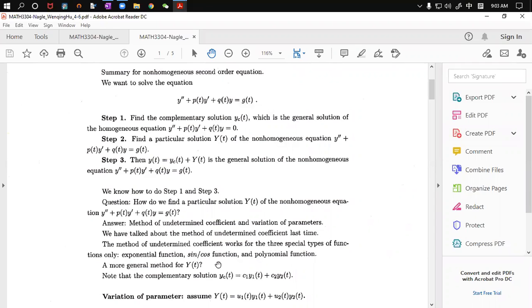If g(t) is a trigonometric function, then you should try a combination of sine and cosine. That's our principle: if you have an exponential, you try one exponential function with the same exponent. If it's sine and cosine, you try a linear combination of sine and cosine. And if it is a polynomial, you try a polynomial of the same order. That's important, same order. That's the thing we talked about in the last lecture.